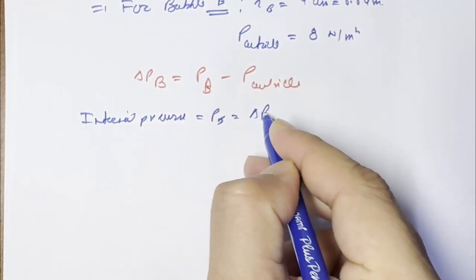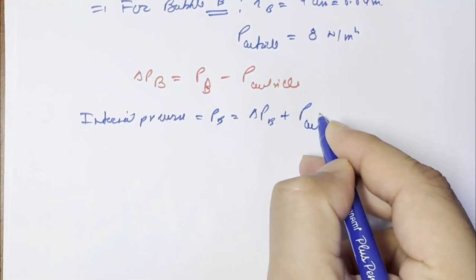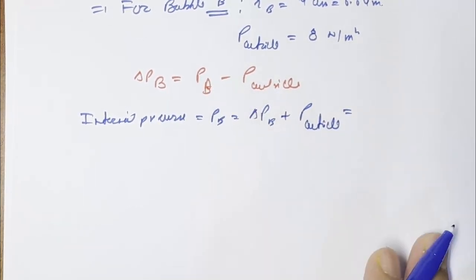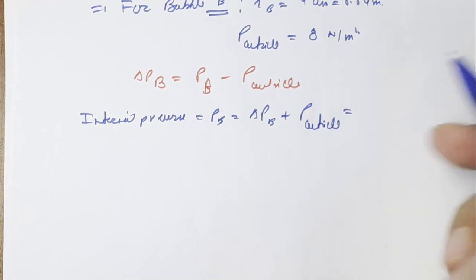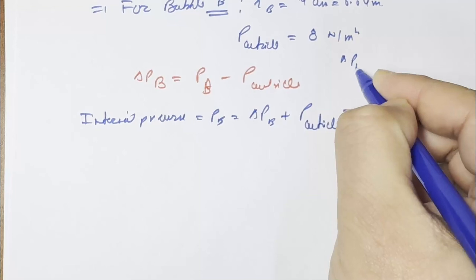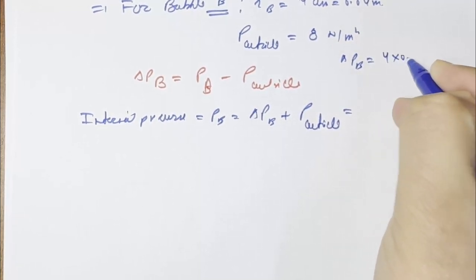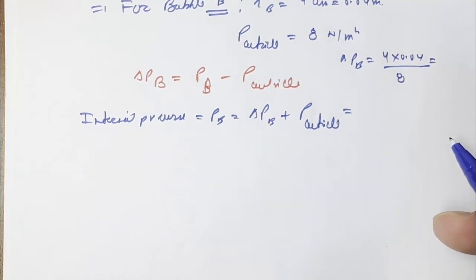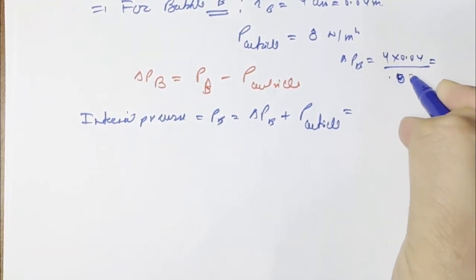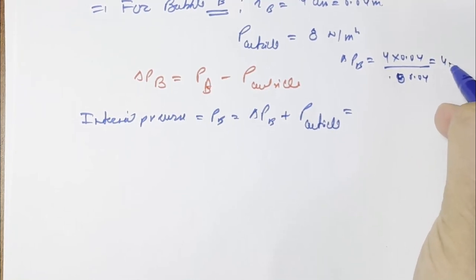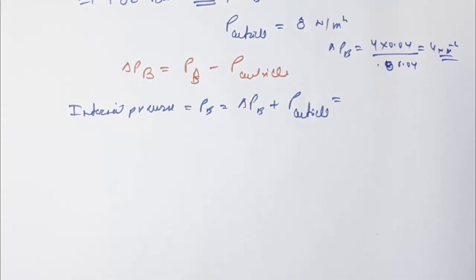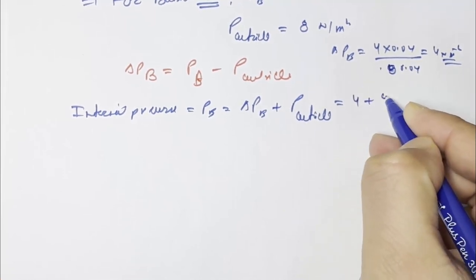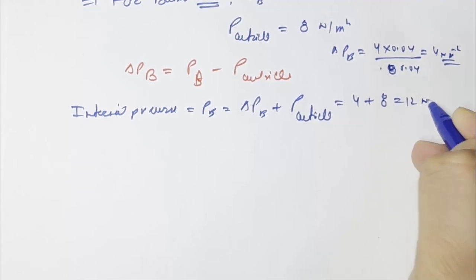So PB will be equal to delta PB plus P outside. Delta PB will be equal to 4 into 0.04 divided by the radius 0.04, my mistake, and this comes as 4 Newton per meter square. So delta PB is 4, external pressure is 8, this comes as 12 Newton per meter square.